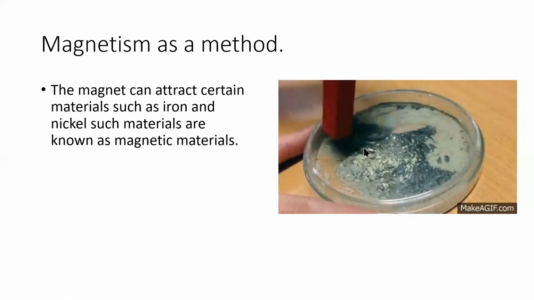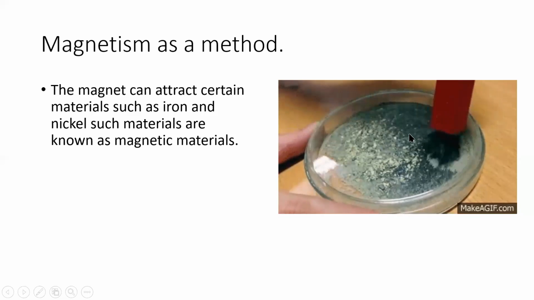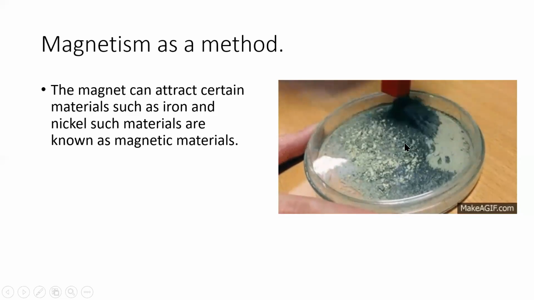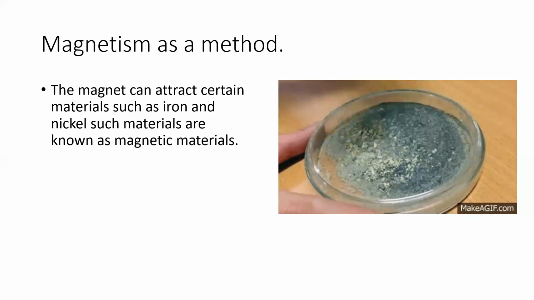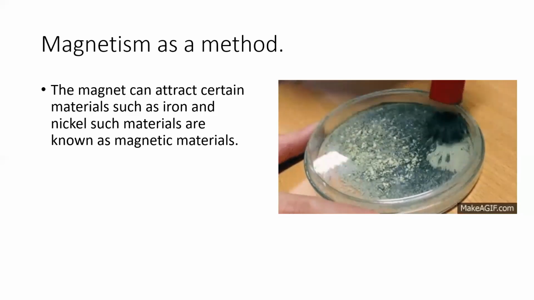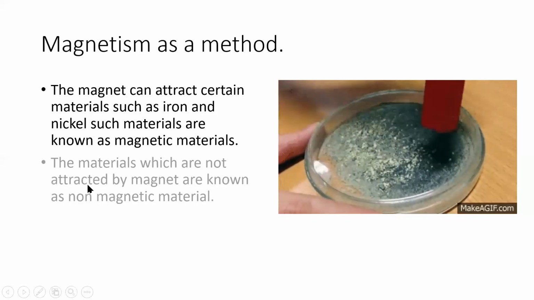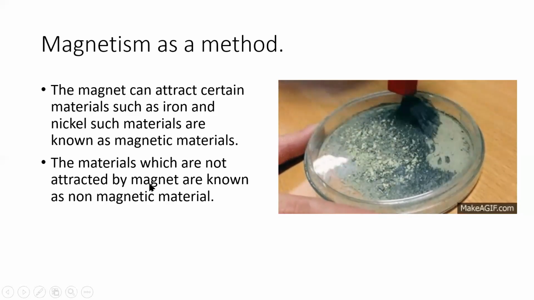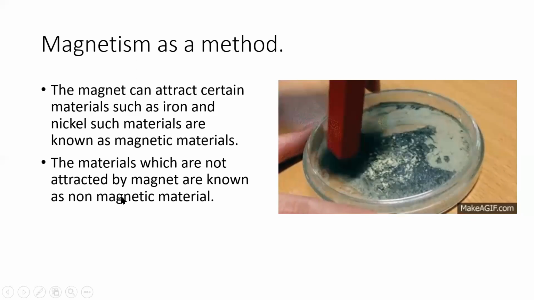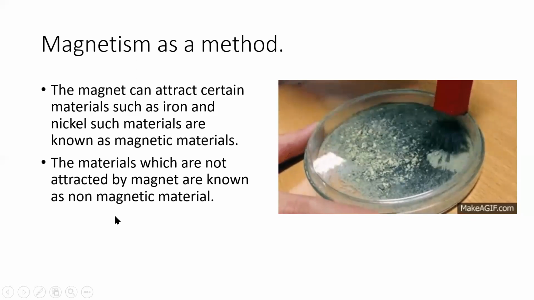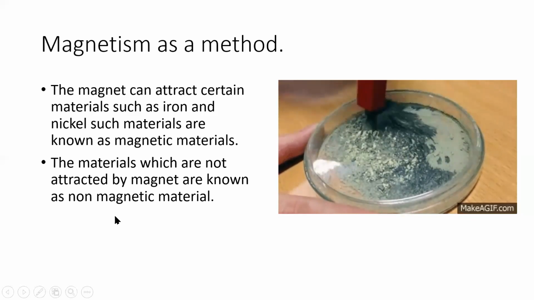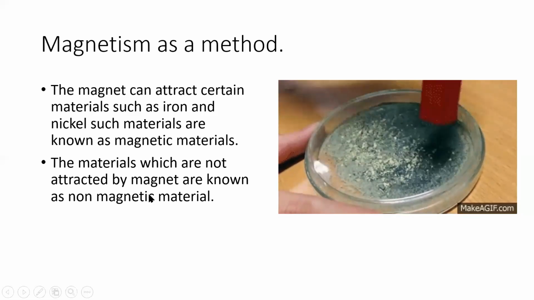So due to the property of attraction, the magnetic material like iron filings or small pieces of pins, etc., will be easily separated out from the mixture. Okay, the material which does not get attracted towards the magnet is called non-magnetic material.